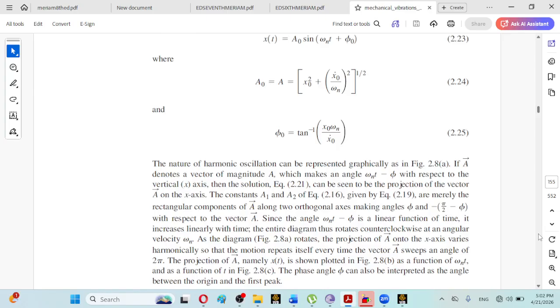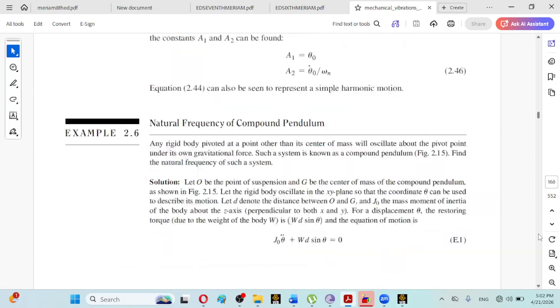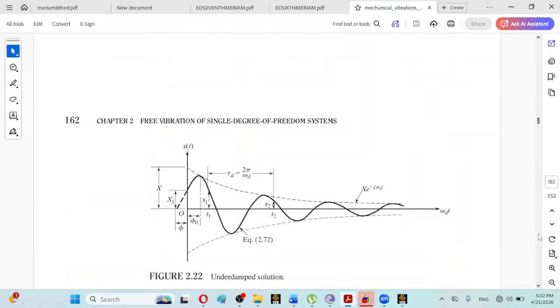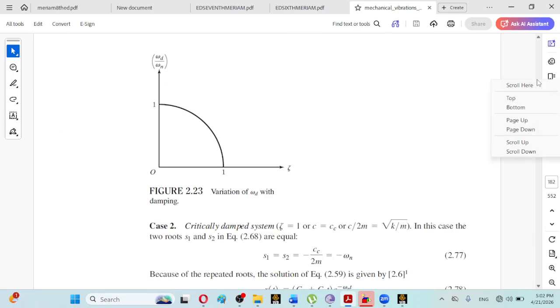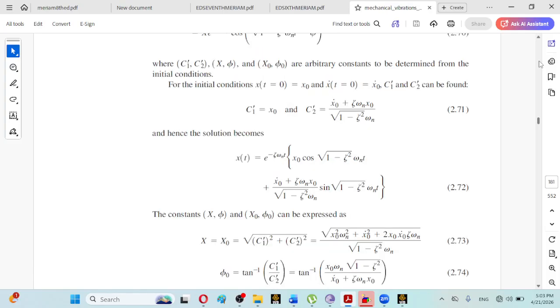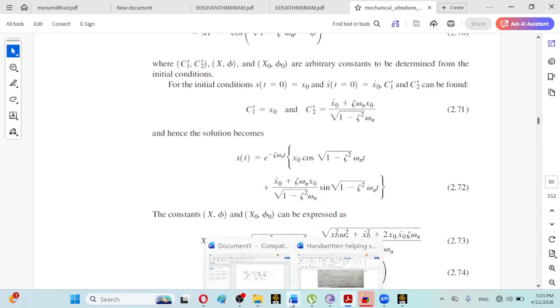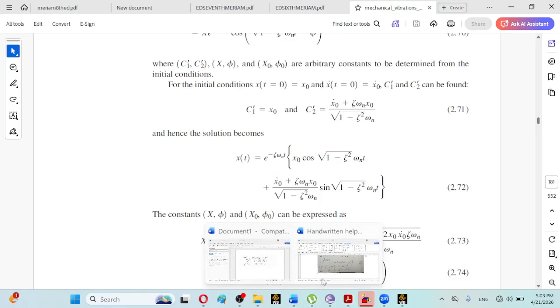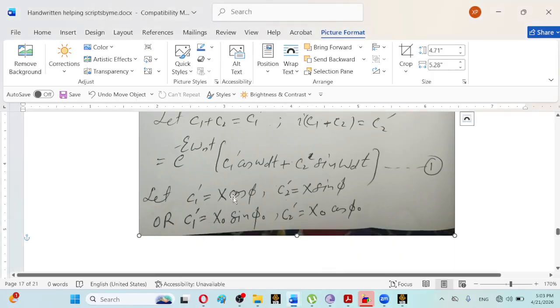So C1 dash is equal to X cos φ and C2 dash is equal to X sin φ. Or alternatively, if we want to write in the sine form, we can assume these constants to be C1 dash equal to X naught sin φ naught and C2 dash equal to X naught cos φ naught.